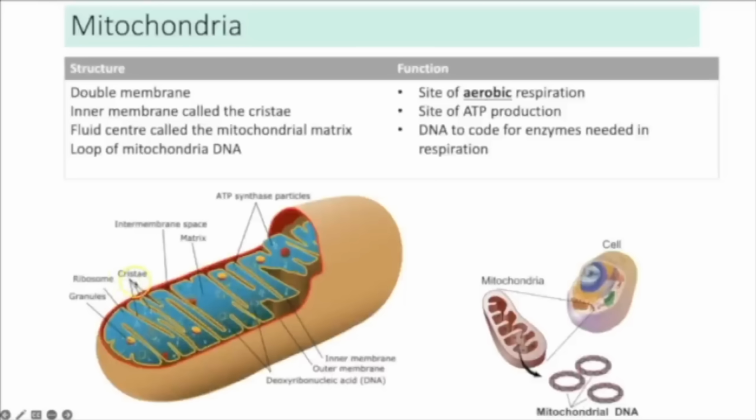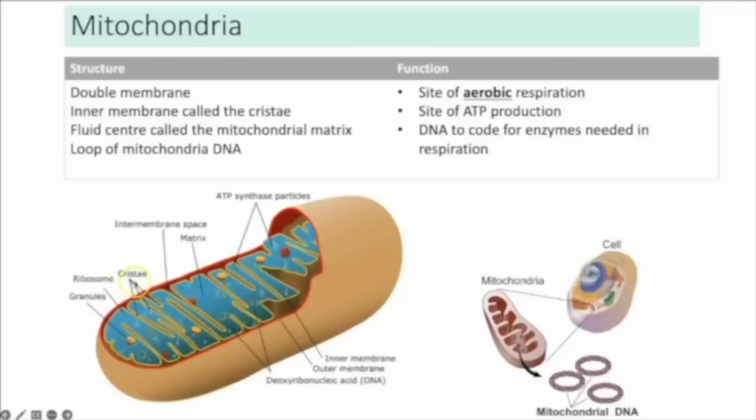So it's the site of aerobic respiration specifically. Therefore, it's the site of ATP production. And as I've already said, it contains the DNA to code for the enzymes needed for respiration. The ribosomes it contains are the 70S ribosomes, which are much smaller, which are also the type found in prokaryotic cells. So that leads us into ribosomes.